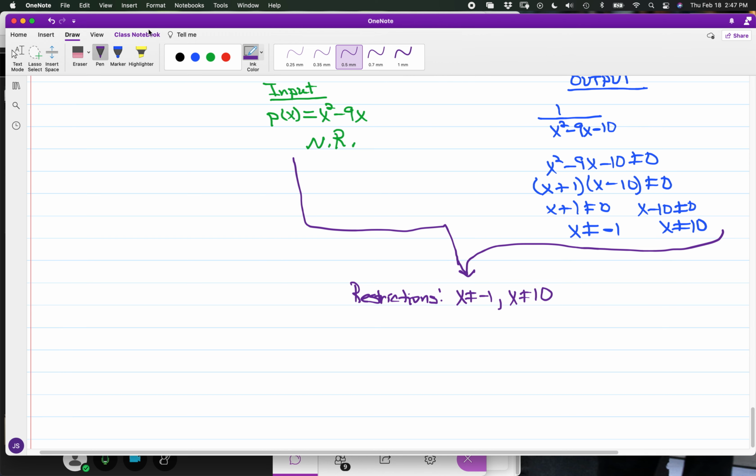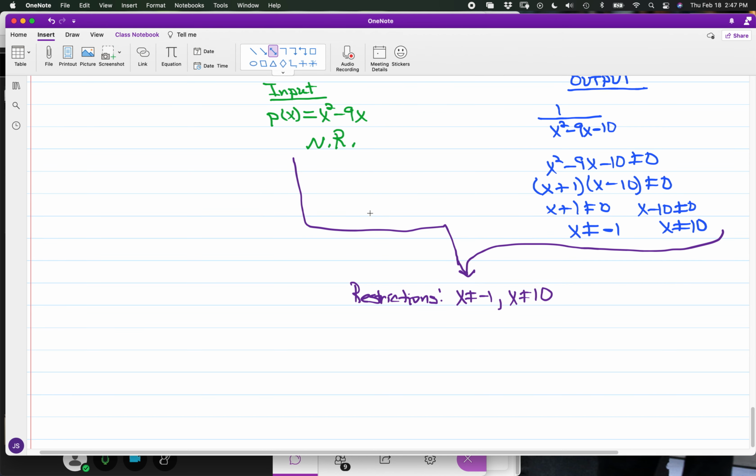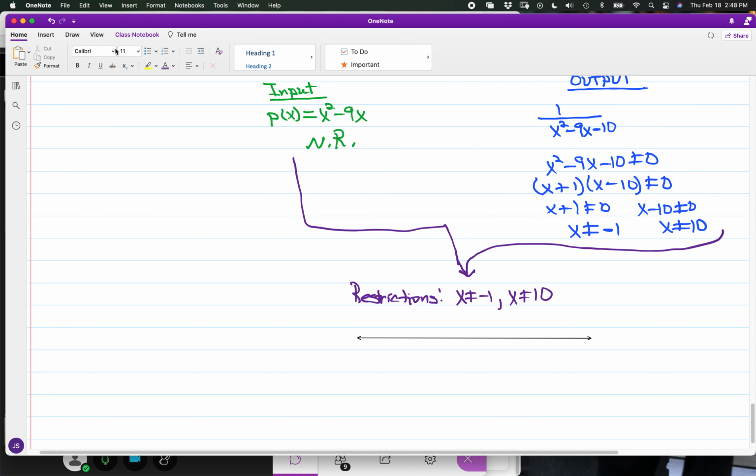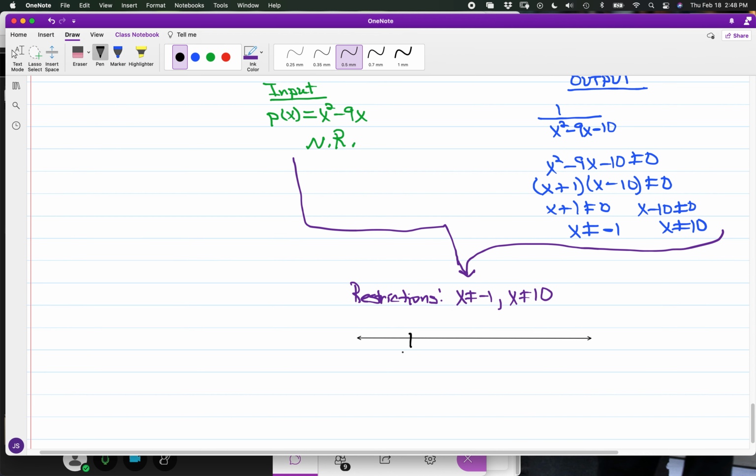And just to give you a little bit of a visual, you have two values that are left out. You have a negative 1 and a positive 10. So negative 1 is left out, and 10 is going to be left out.